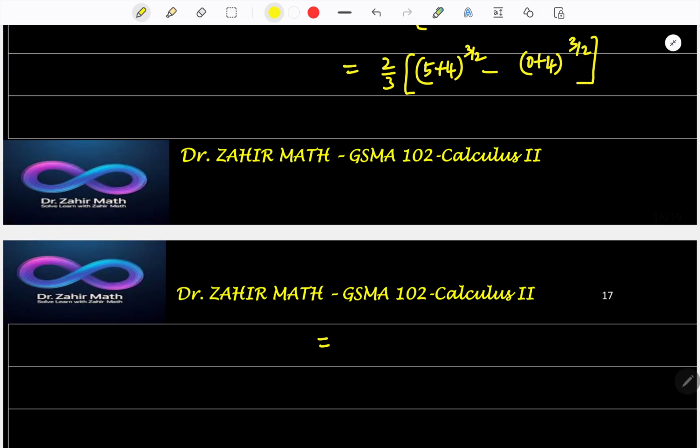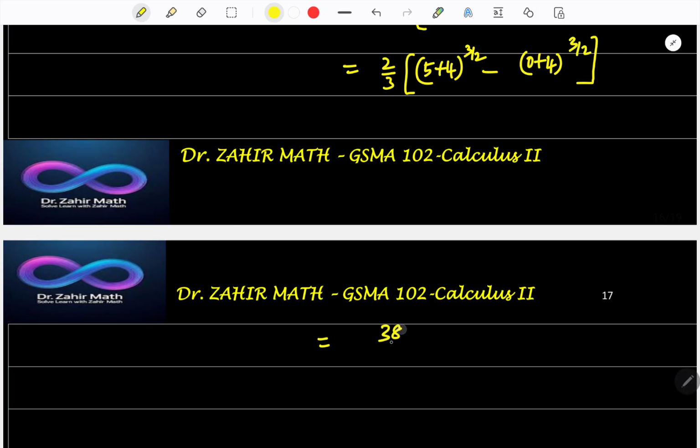Okay. So this is 2 over 3, right, bracket open. 5 plus 4 is 9 to the power of fraction mode 3 over 2, and then minus 4 to the power of 3 over 2, and then bracket close, which is equal to 38 over 3.